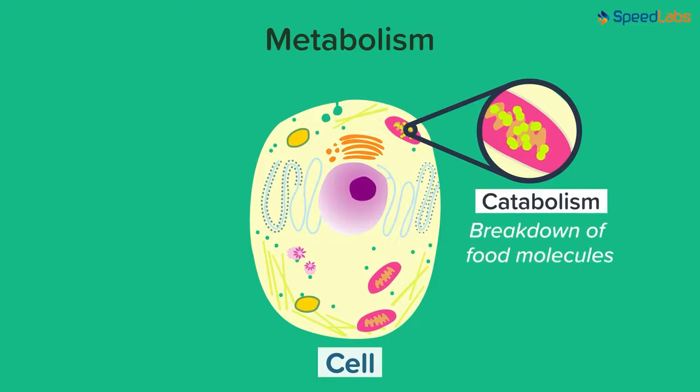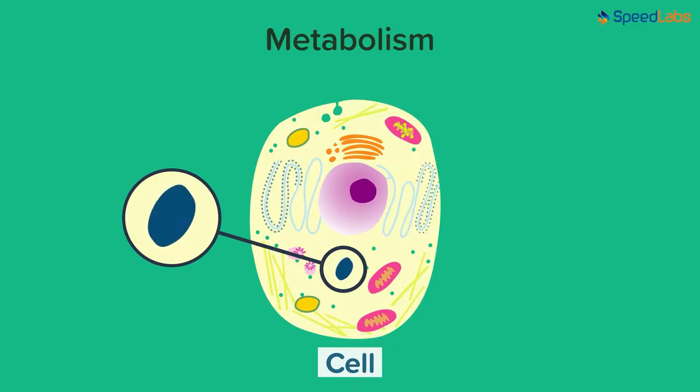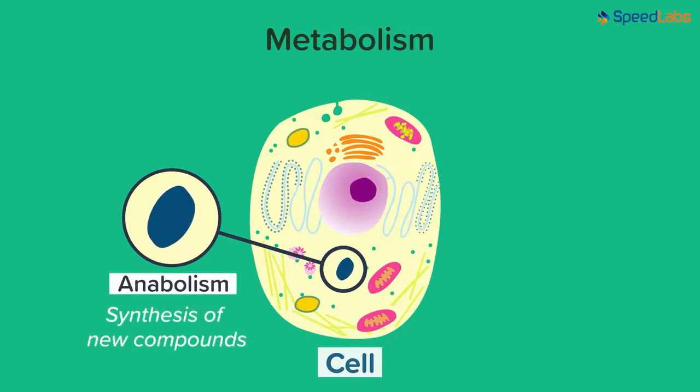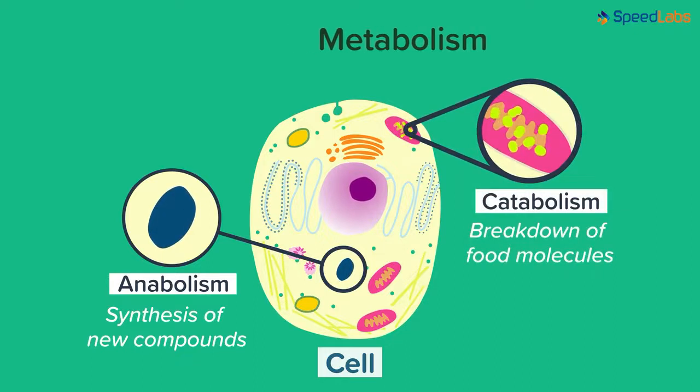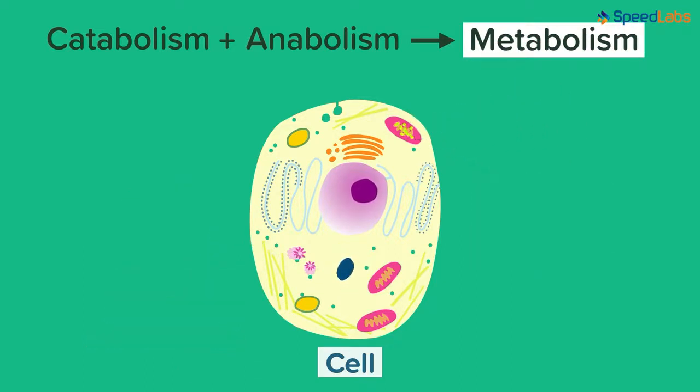Yes, and after catabolism, even newer substances are synthesized in our cells. This process of making newer compounds is called anabolism. The two processes, when combined together, catabolism and anabolism, is called metabolism. So, in simple words, breaking down molecules and forming newer ones is metabolism.